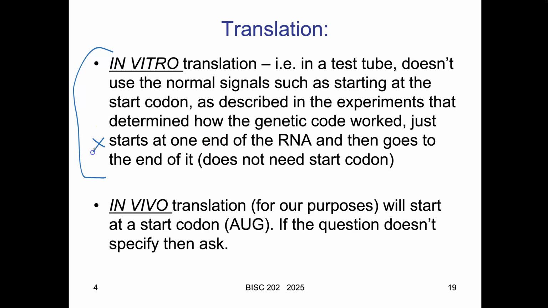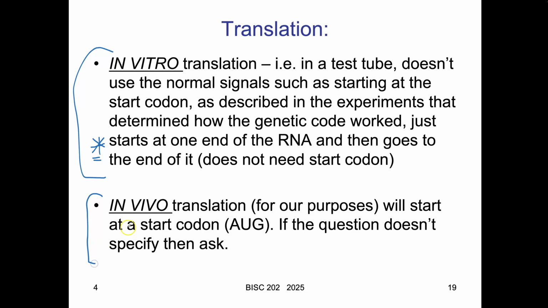So if I tell you this is done in vitro, then you just take the DNA and decide what the RNA is, and then just tell me what the protein will be. And this is the kind of technique that was used in the last lecture, figuring out how the genetic code worked.